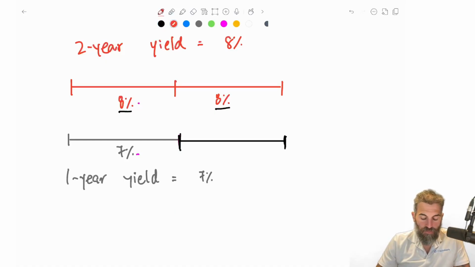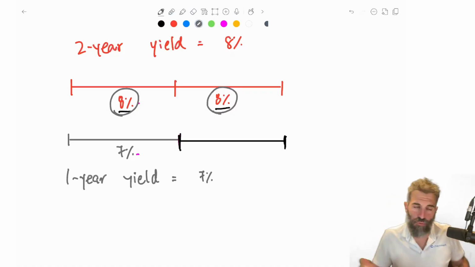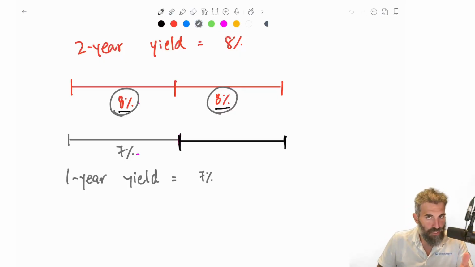is about 9%. Why? The only reason they're getting an average of 8% for 2 years is because of that second year. And that's the part that you might have a hard time. You might click with it right away, you might not. But look, if you would have bought a 1-year bond, you would have earned 7%. Because you bought a 2-year bond, so because you added on that second year from now, that's the thing, right?